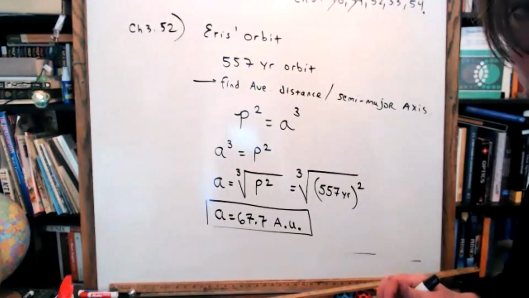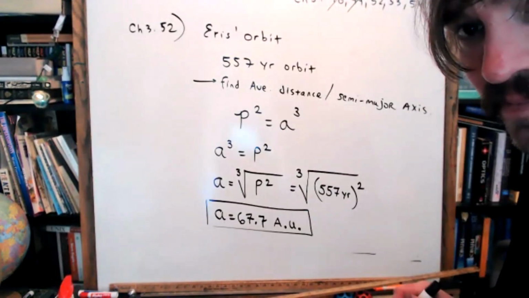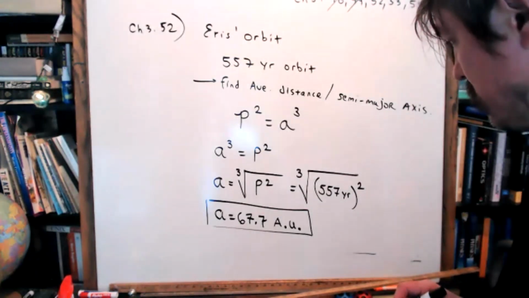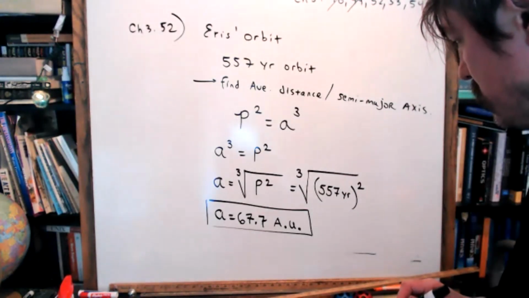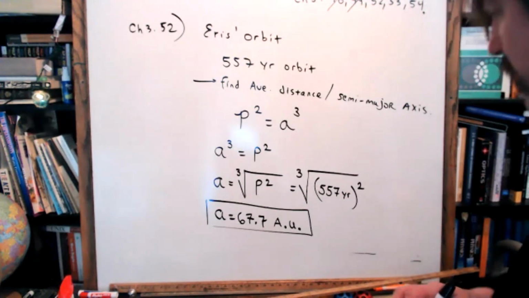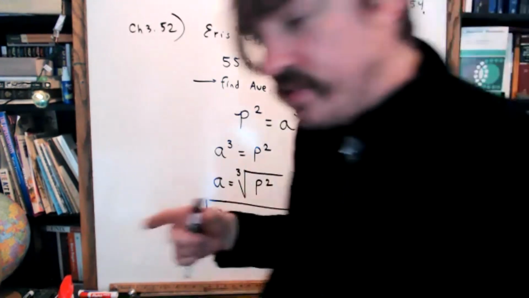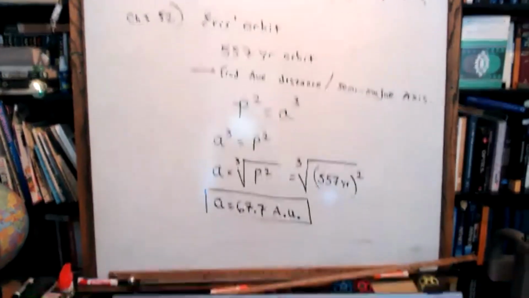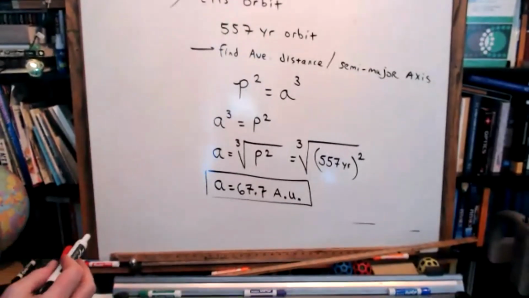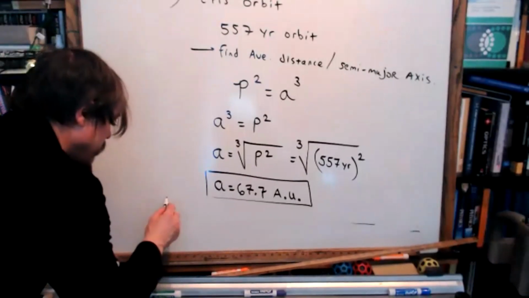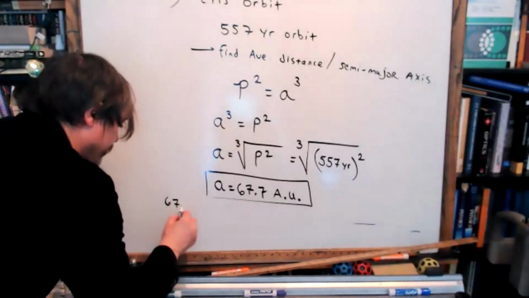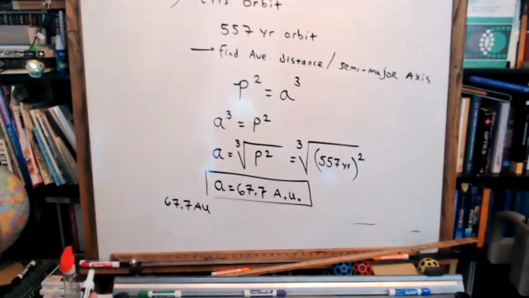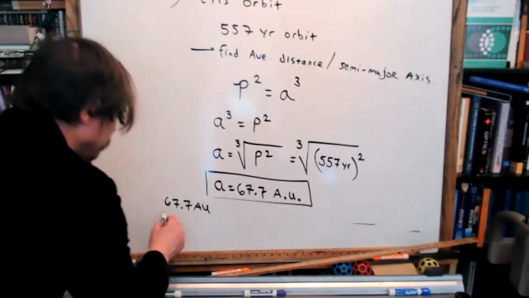Did they ask us to do anything else? Who was our reader there? Kim? Yep. How does this average distance compare to that of Pluto? In the sample problem today, I gave you the distance to Pluto. What was that? 39.5? Right.